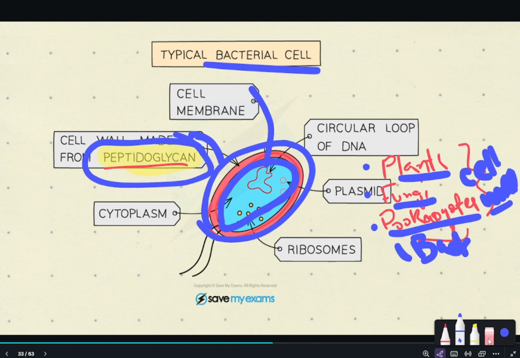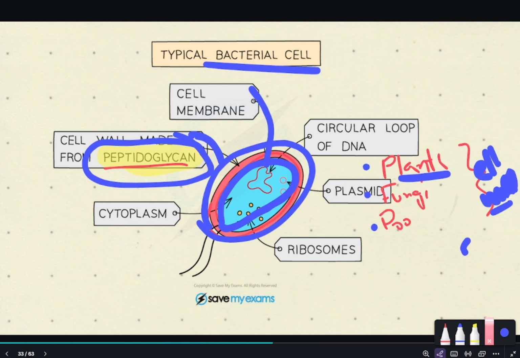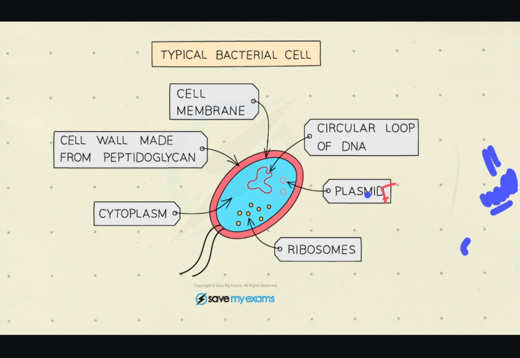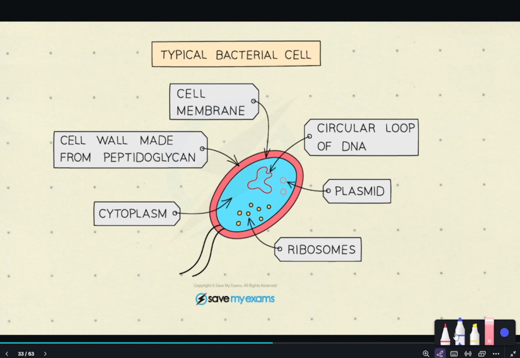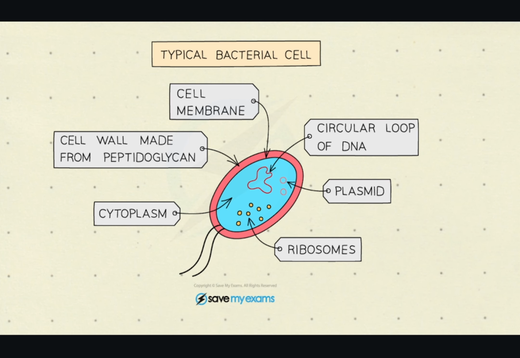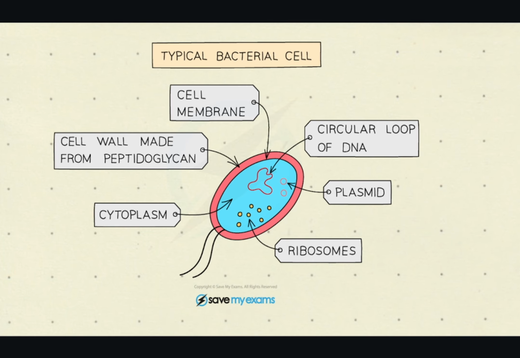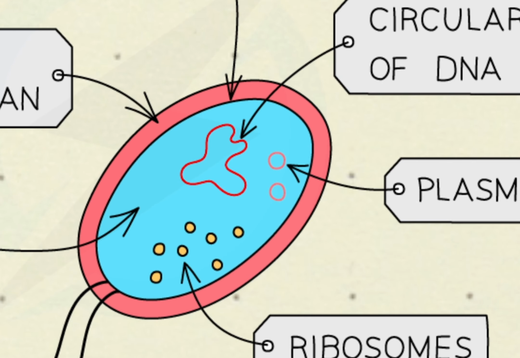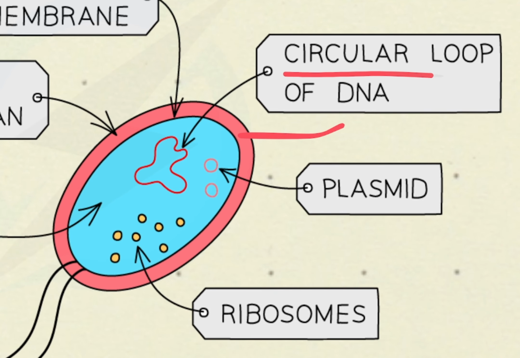Okay. One more thing that you can see over here is that a bacterial cell doesn't have any membrane bound organelles. What does this mean? Over here you can see something written as circular loop of DNA and plasmid.